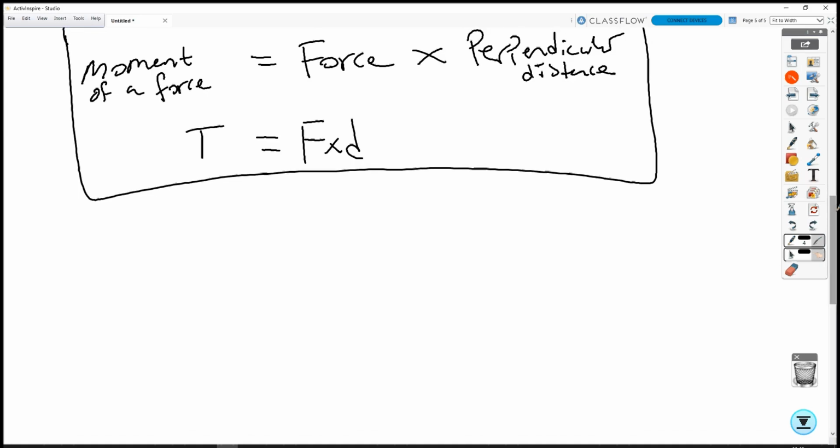So, if we take the above example with the fat guy with F1, X1 and the skinny guy with F2, X2, if we use the principle of moments, we can construct a relation between the two.